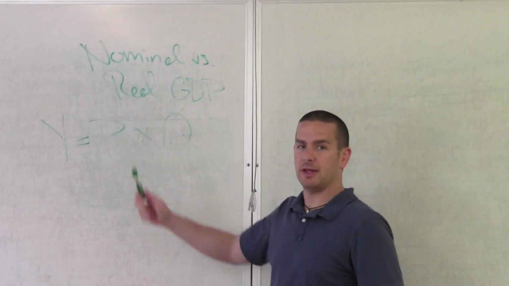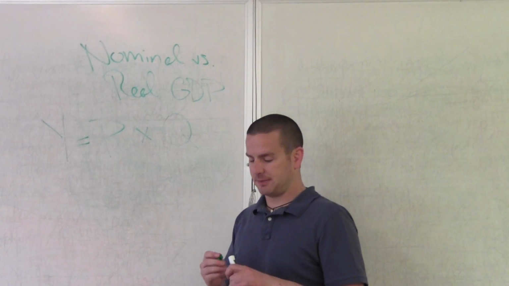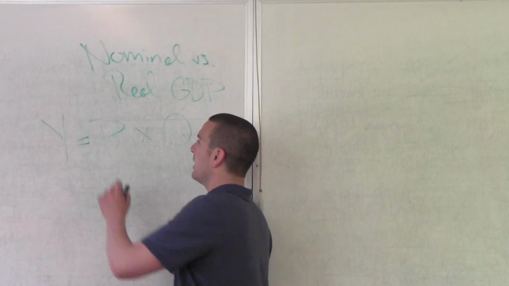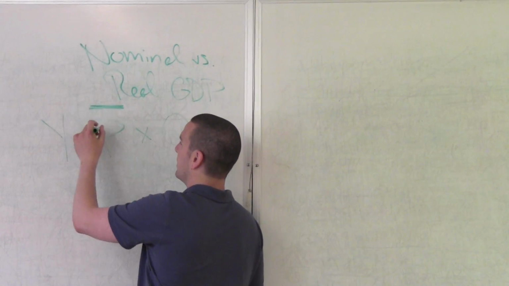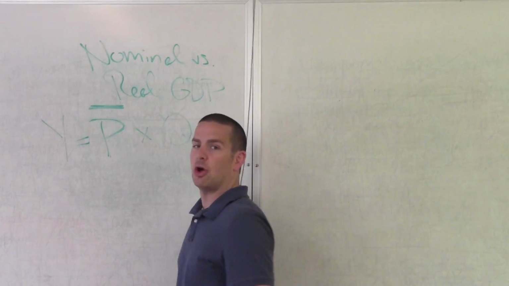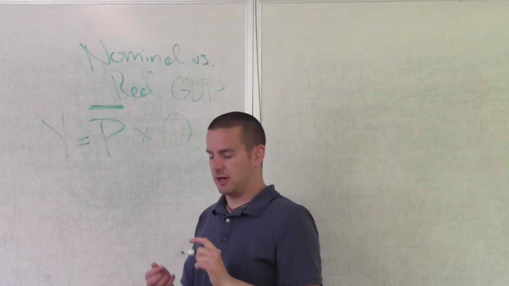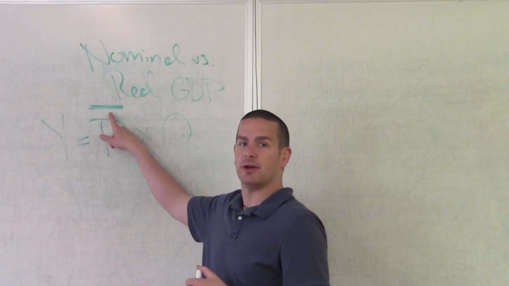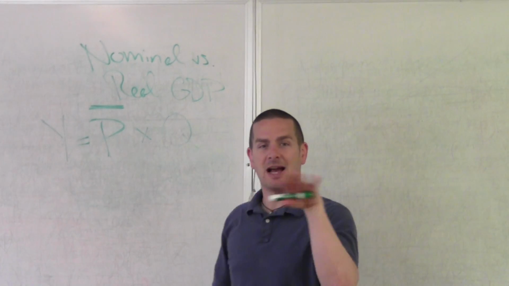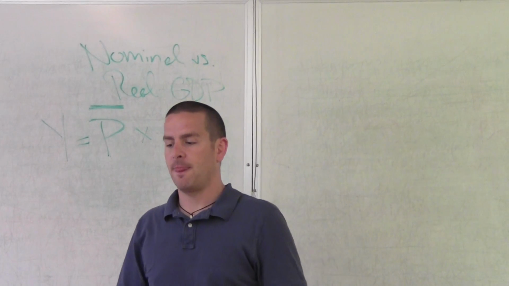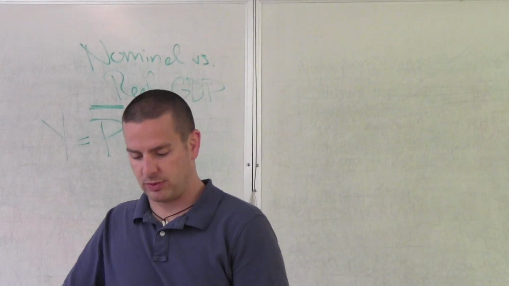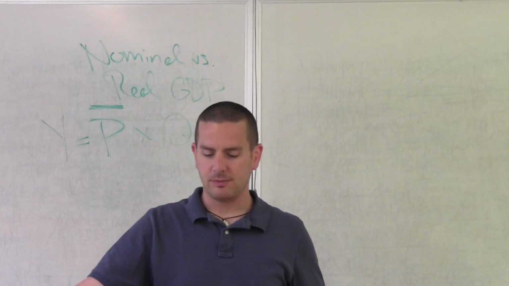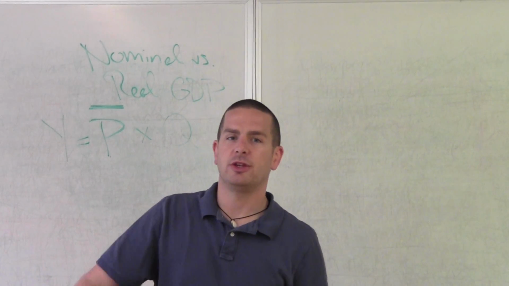Real GDP takes the price level and holds it constant. I don't know if you remember this from mathematics, but when you have this straight line over something, it means it's constant.